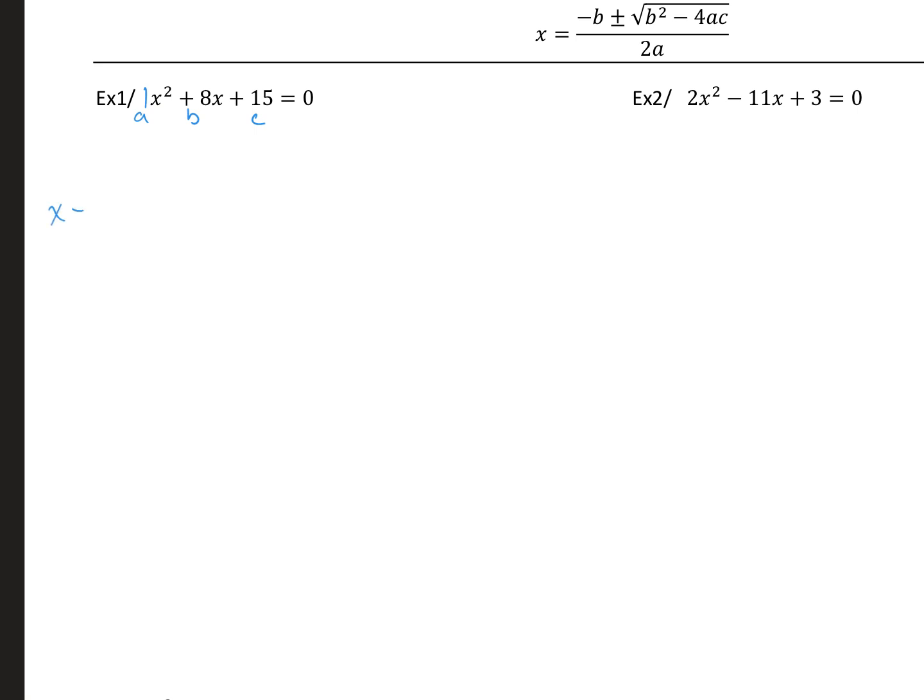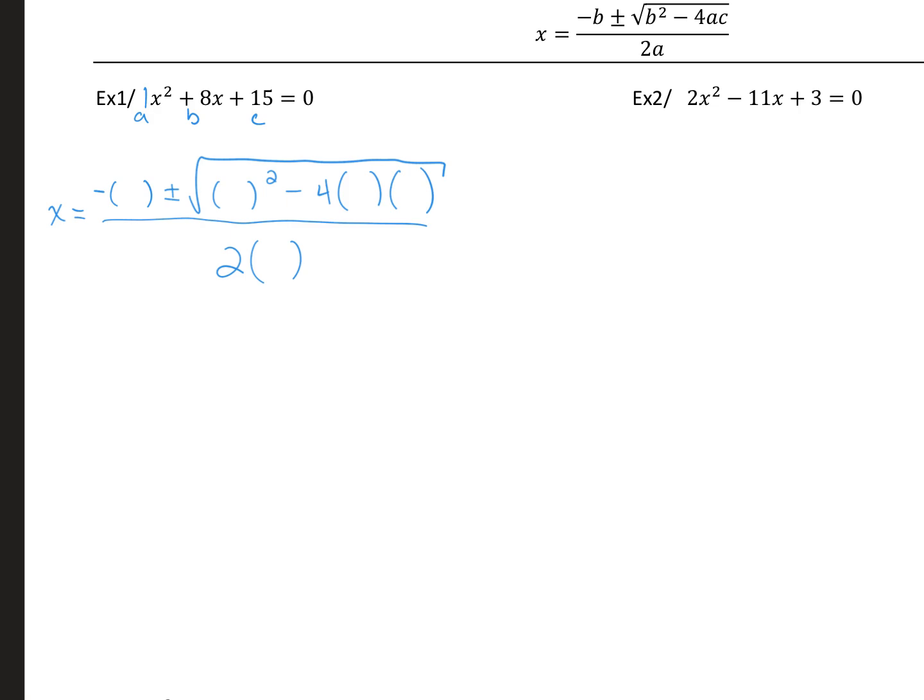So I'll say x equals, and every time you have a variable, like b, with a negative b, I'm going to replace that variable with a set of parentheses and come back a little bit later and fill that in. Negative b plus or minus the square root of b squared minus 4ac, all over 2a.